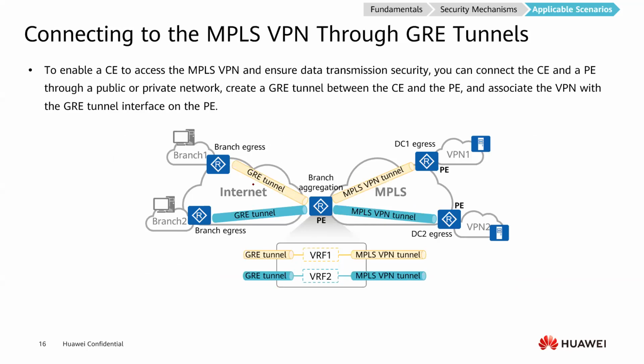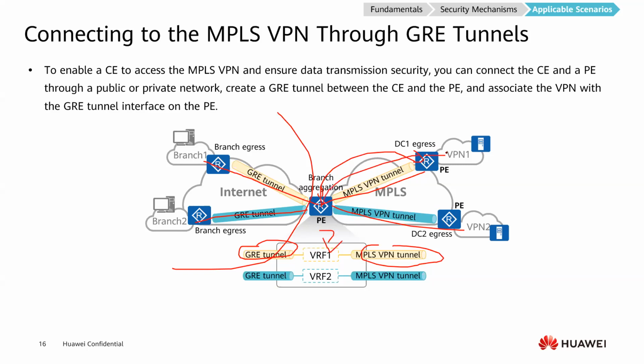It works like this. In this PE, we use an MPLS VPN tunnel, and on the internet side, we can create a GRE tunnel. We just put the GRE tunnel and the MPLS VPN tunnel in the same VRF, then the routes can be forwarded to each other.